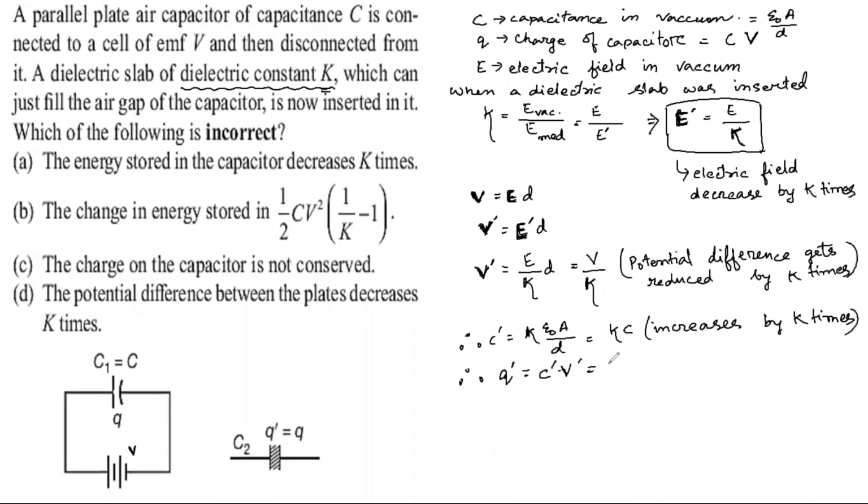C dash is KC, multiplied by V dash, which is 1 by K times V. The K gets cancelled, so you get CV, which is q. So here we have understood that the charge remains the same, that is, it is conserved.